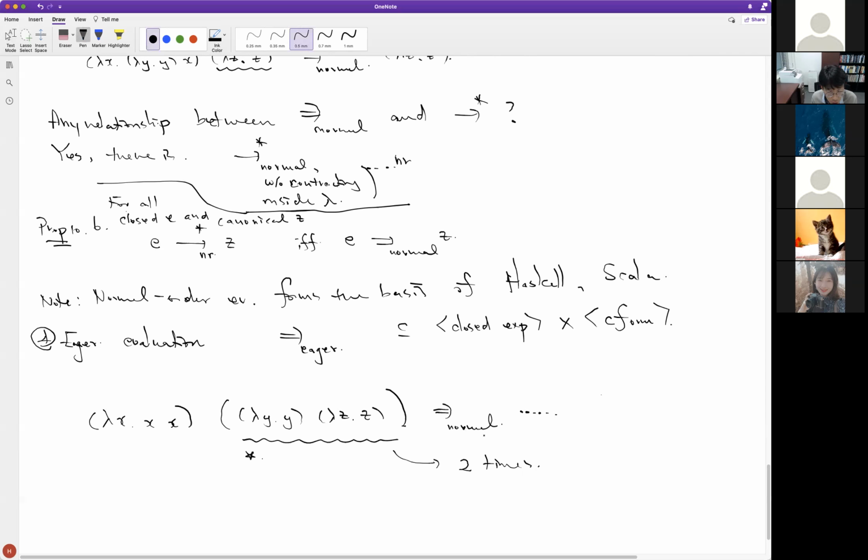So if you do this normal order reduction here, this argument will be plugged in for the first x and the second x in the form that's written right now. For the first x, we have to do one contraction step, or one beta reduction step. For the second redex, we have to do another contraction step.